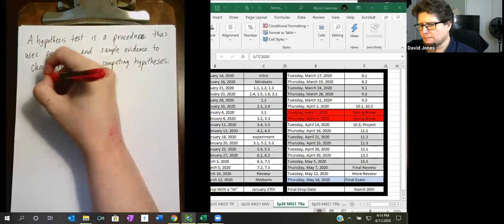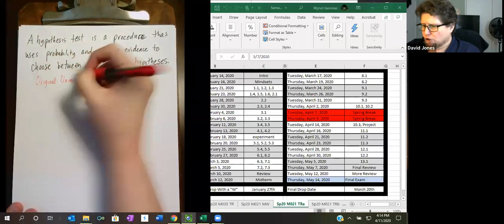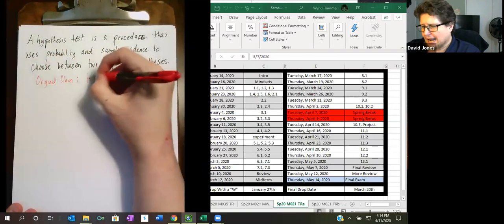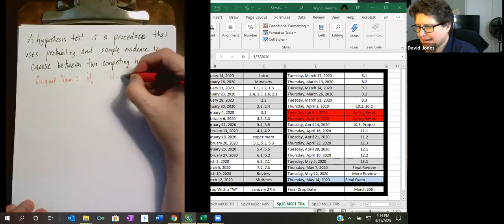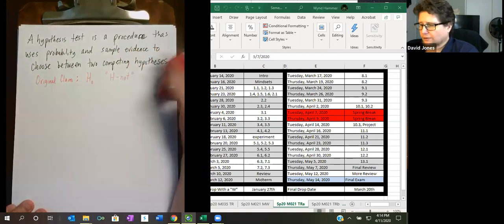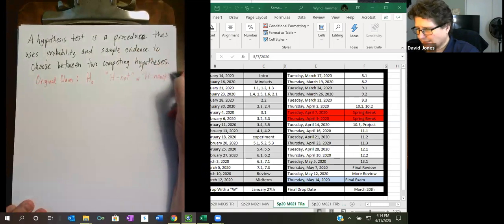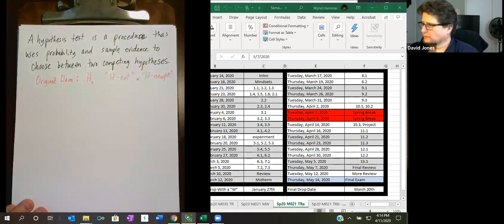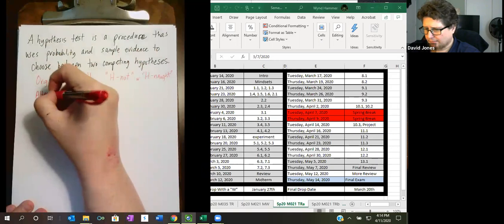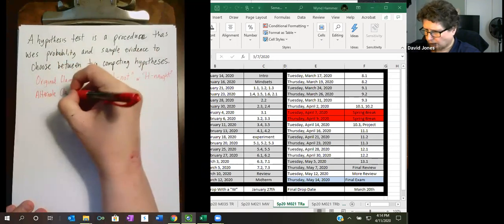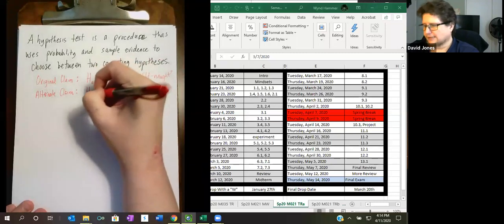The original claim or old claim goes by the notation H sub 0. We read this as, it sounds like H naught or H naught. The alternate claim or new claim goes by HA.